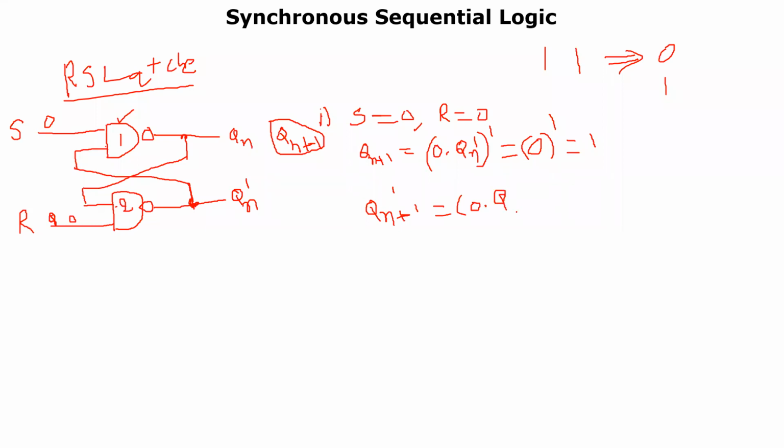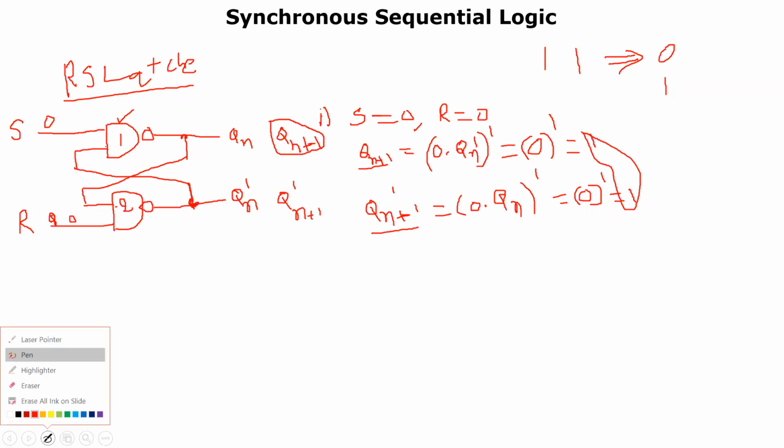Directly let me operate Qn whole complement. 0 into Qn equals 0. So 0 whole complement will be equal to 1. Look at this: at Qn plus 1 and Qn plus 1 complement, at both places you got 1.